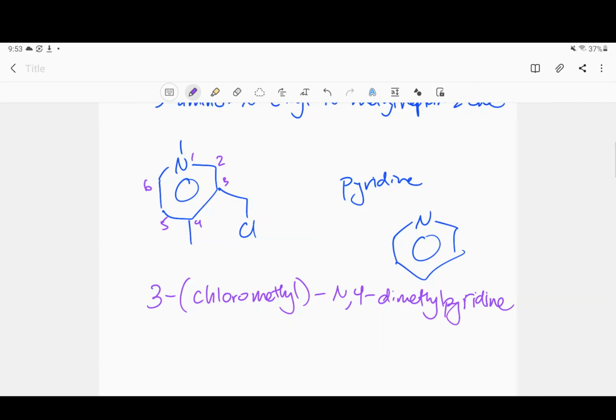So it would be a pyridinium. 3-chloromethyl, 1,4-dimethyl, with this weird lambda thing, pyridine, because it's pyridinium, because it's got the positive charge there. So, indeed.